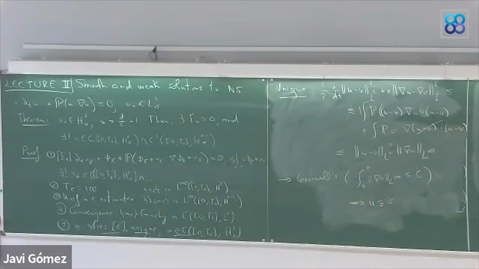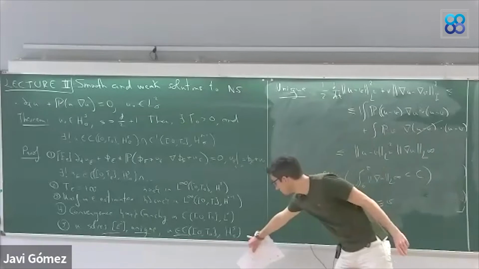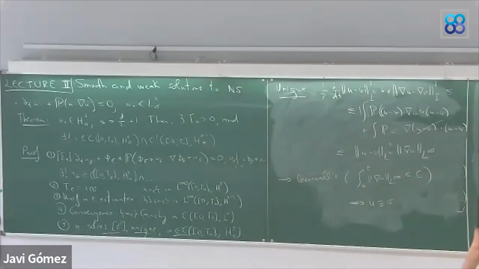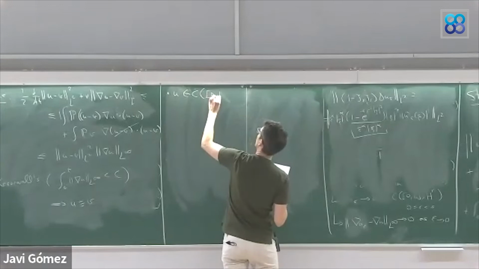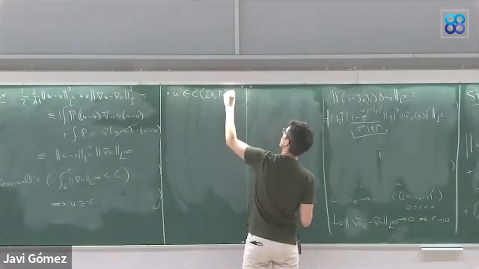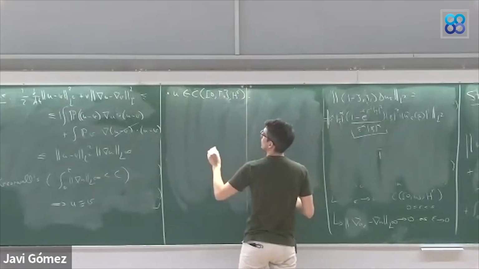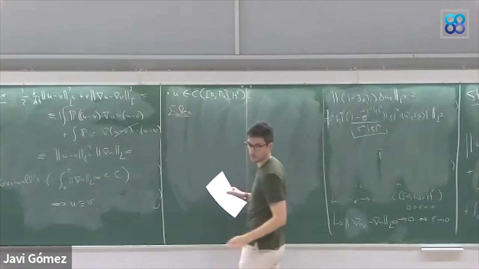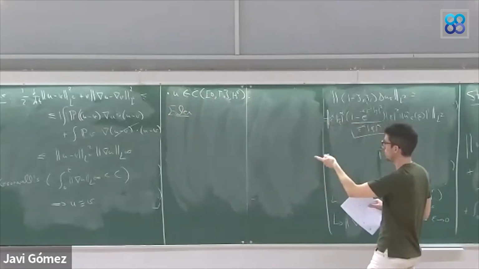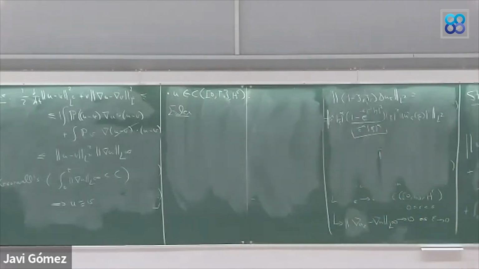Now the second part is more tricky, this one here, to prove that this is continuous, and I will skip part of it. We have to do it separately for Euler and for Navier-Stokes. But for Navier-Stokes, we will use what we prove for Euler.